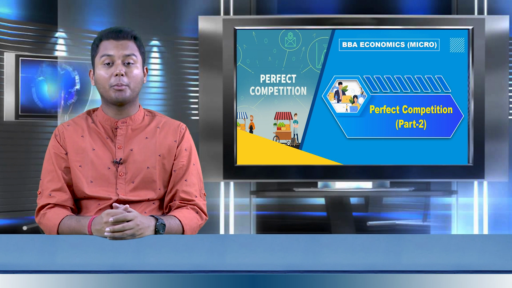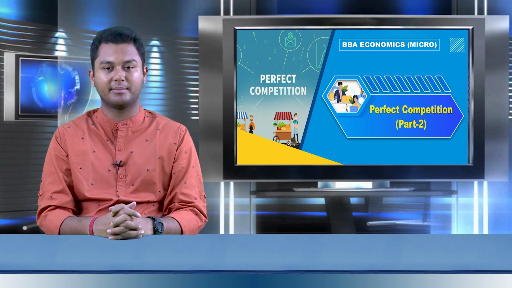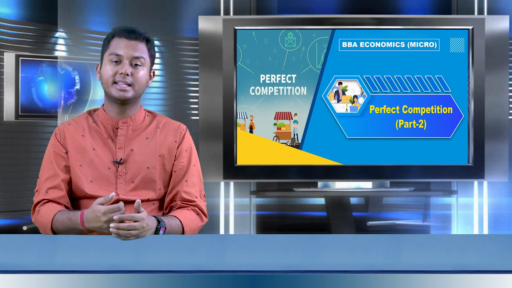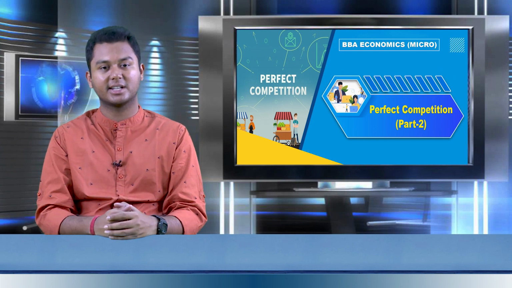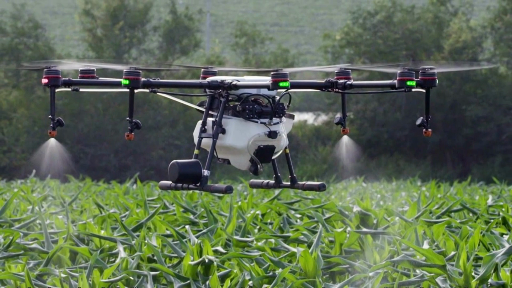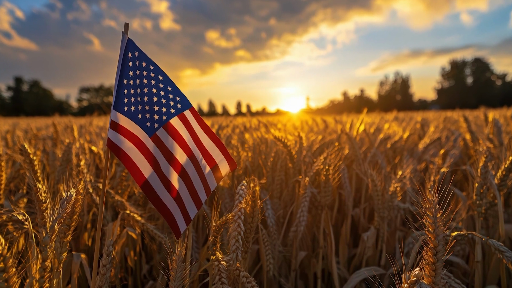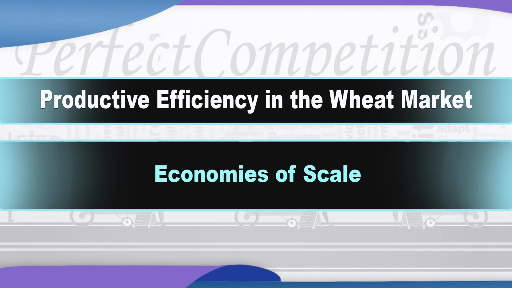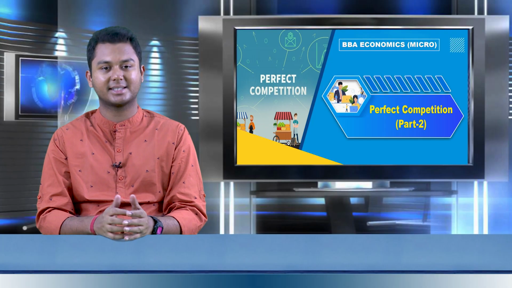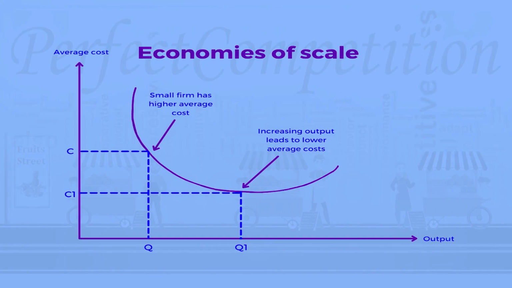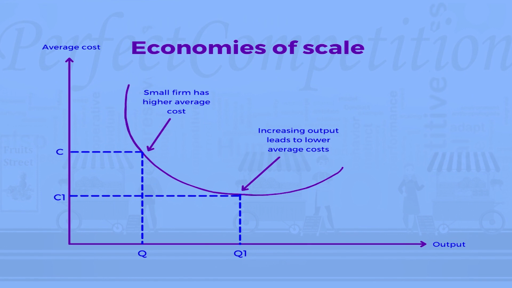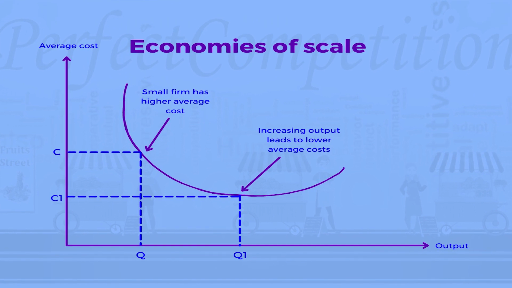So wheat farmers operate in a highly competitive environment where they must minimize costs to survive. This involves using the most efficient farming techniques, technologies and inputs to produce wheat at the lowest cost. If we look at the concept of economies of scale, then while most wheat farmers are small, they often reach a size where they can fully exploit economies of scale, operating at the minimum point on their average cost curve.